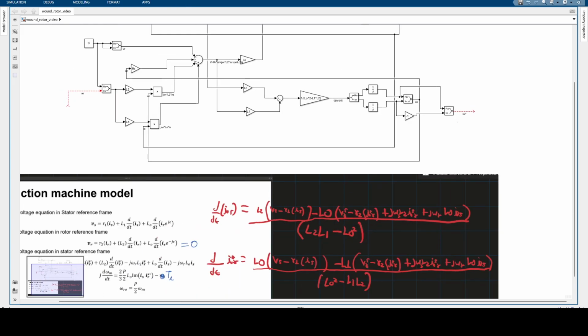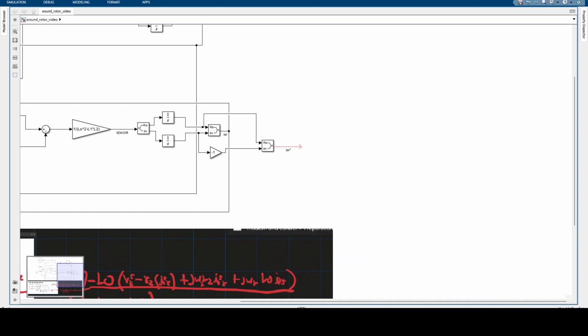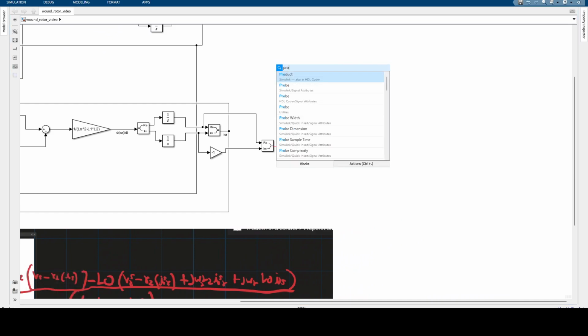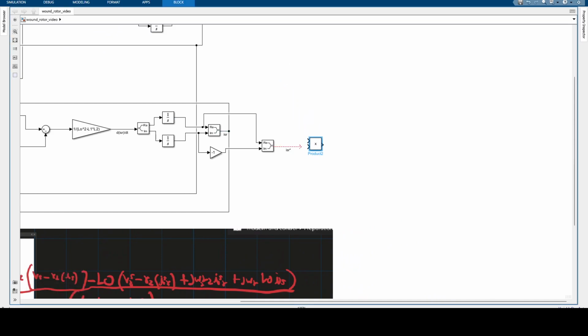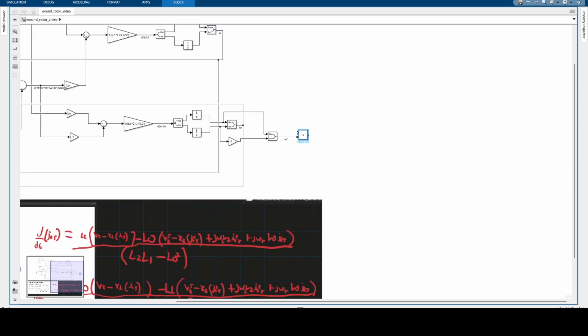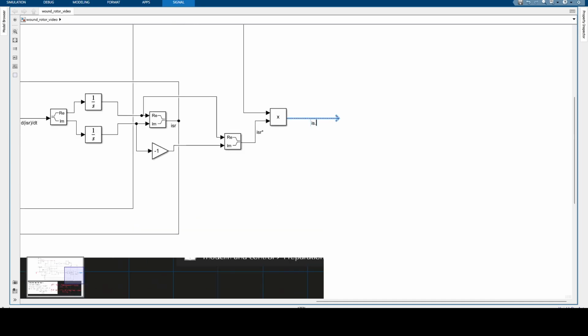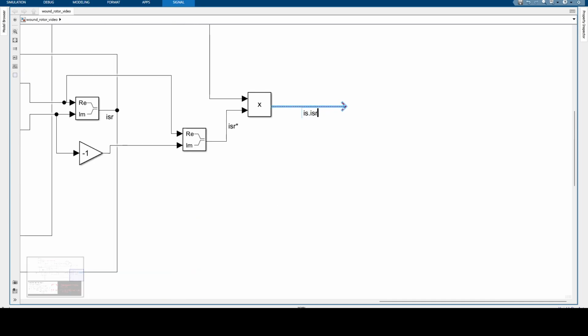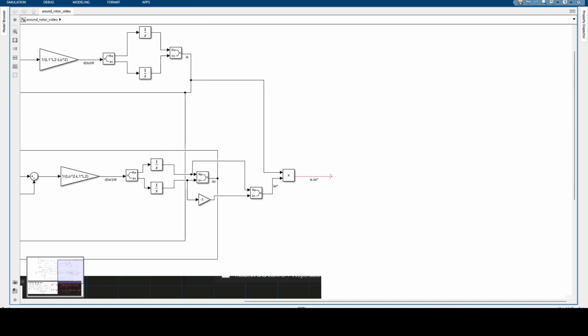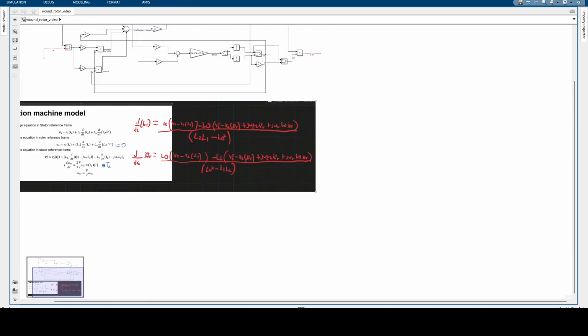Okay, so now we multiply this by IS, and where is our IS? It's right here. So here we have IS times ISR conjugate. Okay, so now we have this part.